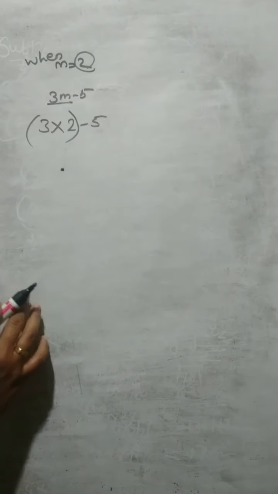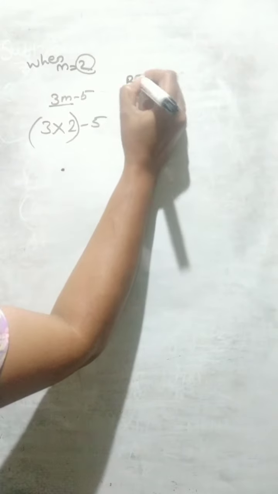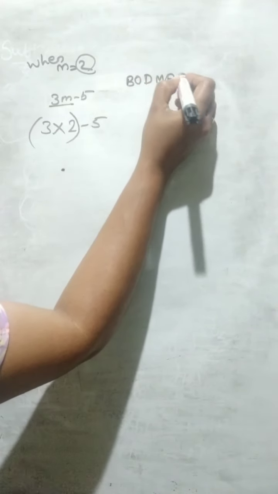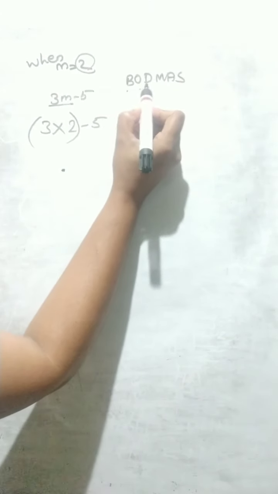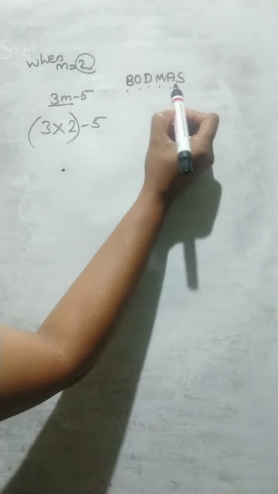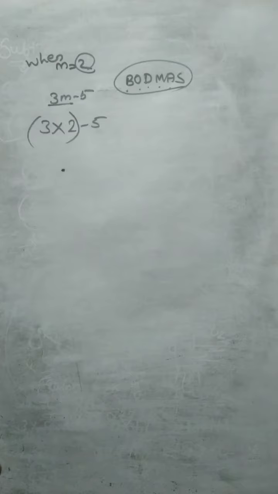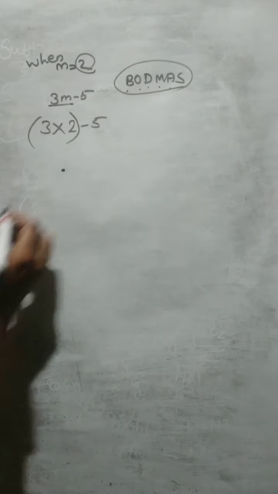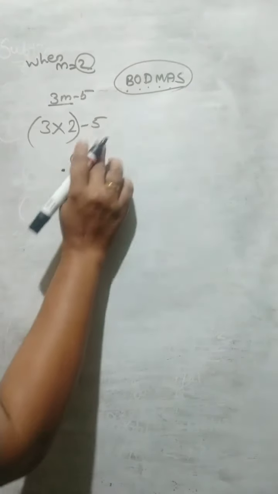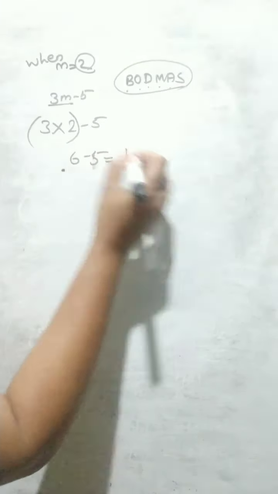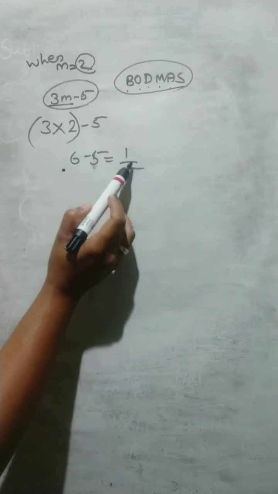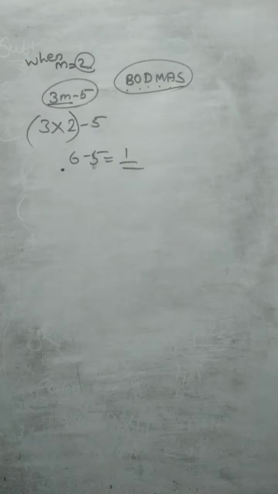That is, we have to think about BODMAS, that is bracket, division, multiplication, addition and subtraction. This is the order of the operations. So 3 times 2, that is 6. 6 minus 5 is equal to 1. So the value of this expression will be 1 when m is equal to 2.